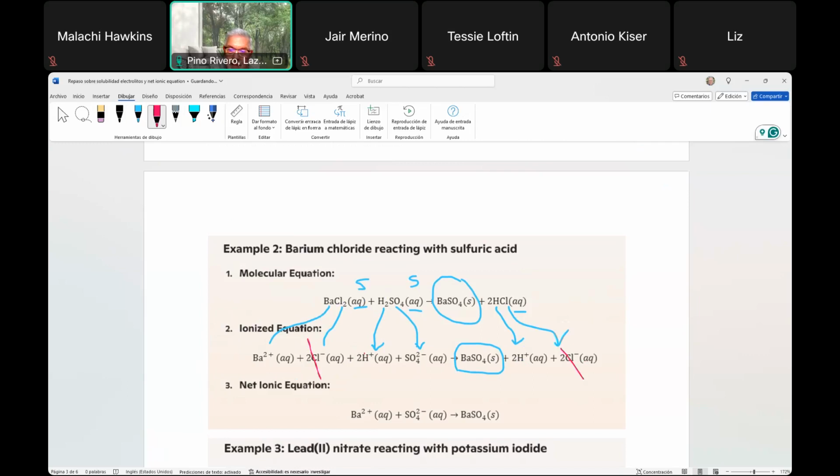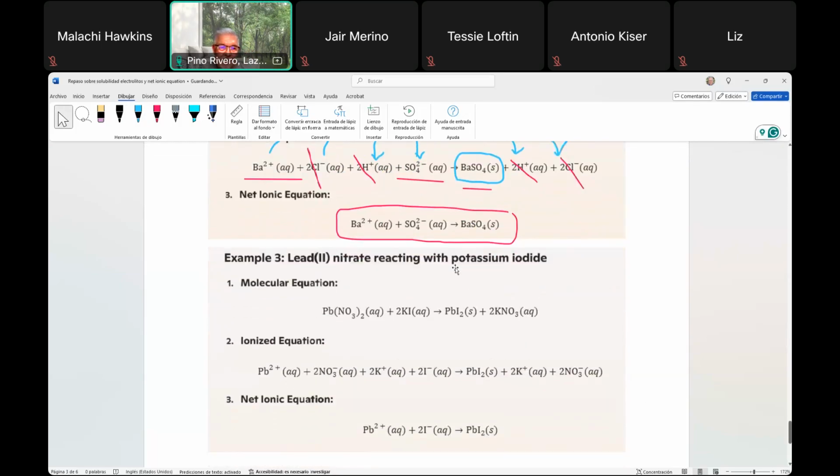Hydrogen is a spectator? Yes, then I cancel hydrogen. Then what is the net ionic equation? Barium plus sulfate that produces barium sulfate. This is the net ionic equation. Got it? Let's do one more example.